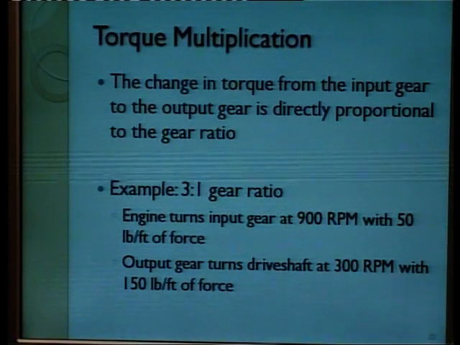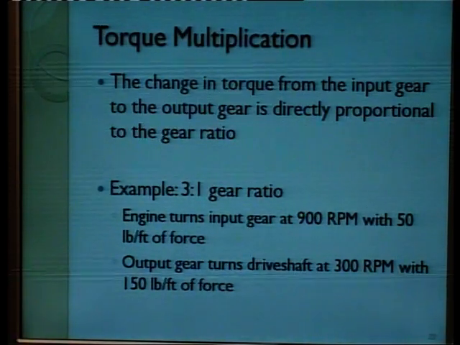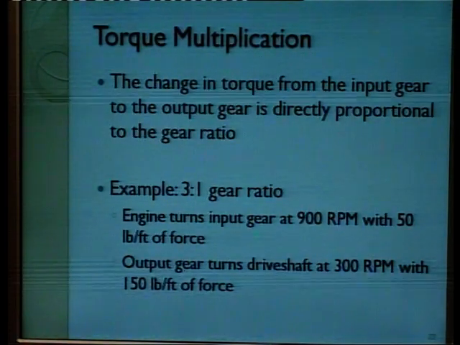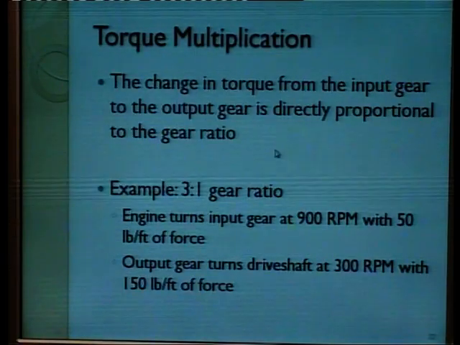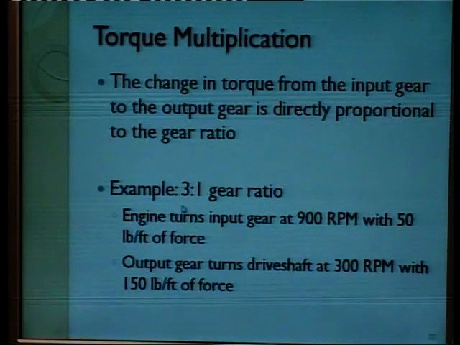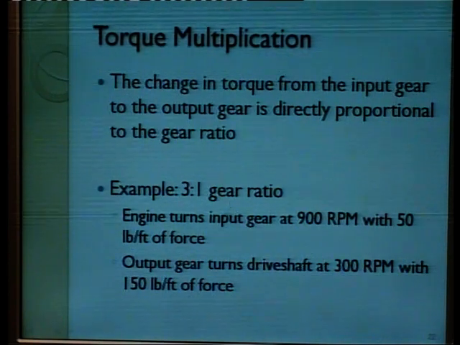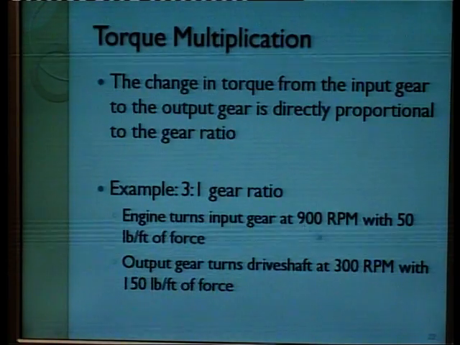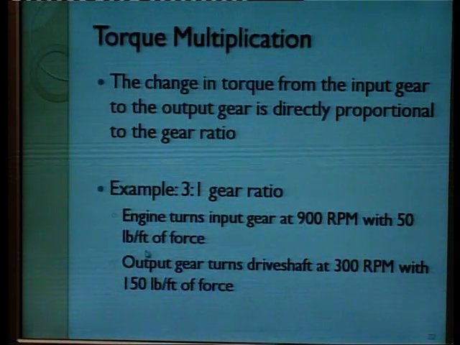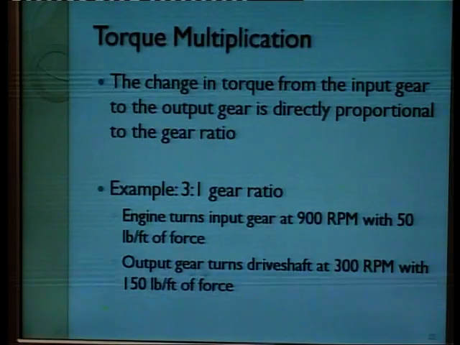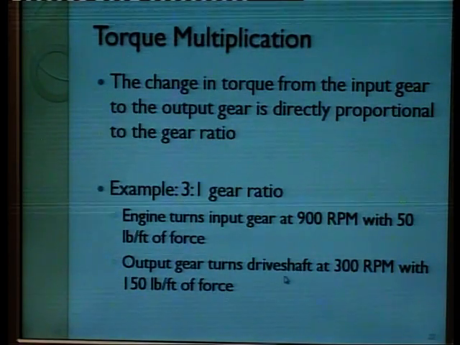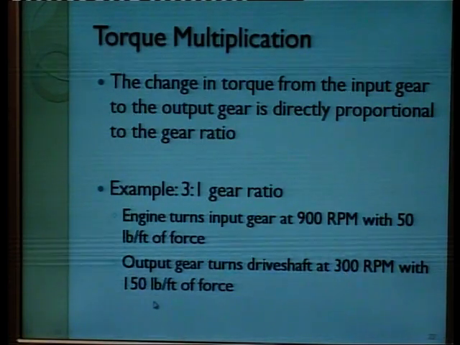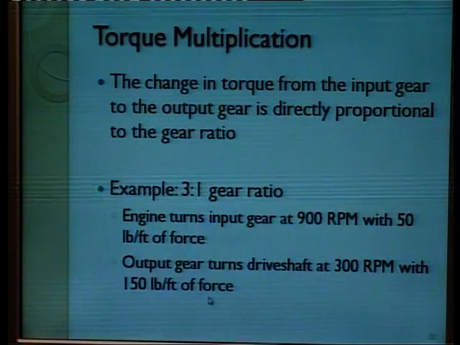And similar is the torque multiplication. The change of torque from input gear to output gear is directly proportional to the gear ratio. For example, if the gear ratio is 3:1, the engine turns the input gear at 900 RPM, say with 50 pound-feet of force, then the output gear turns the drive shaft at 300 RPM with 150 pound-feet of force.